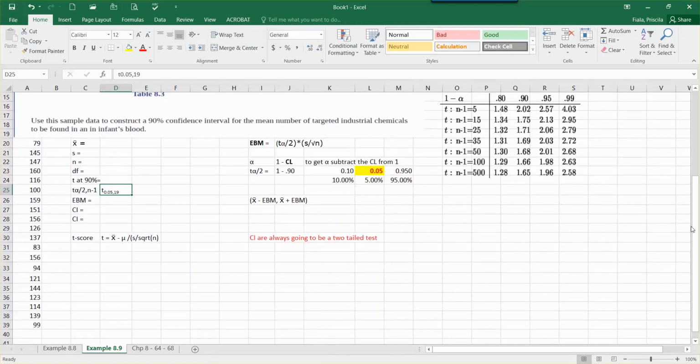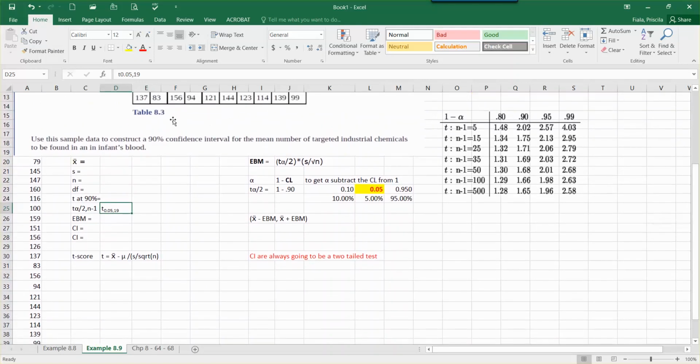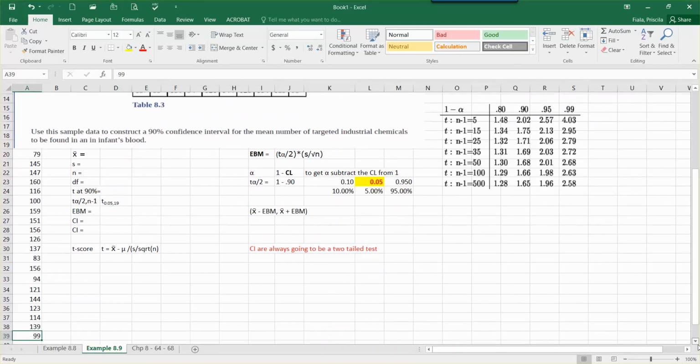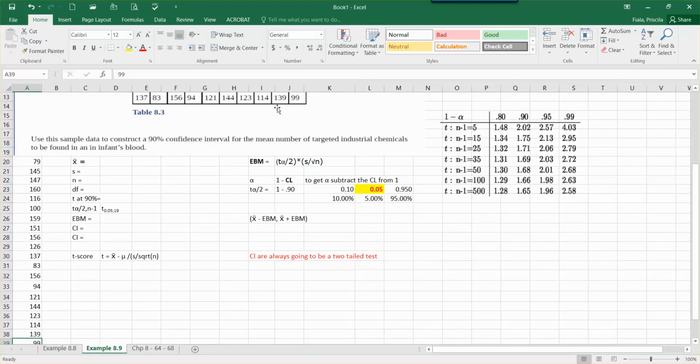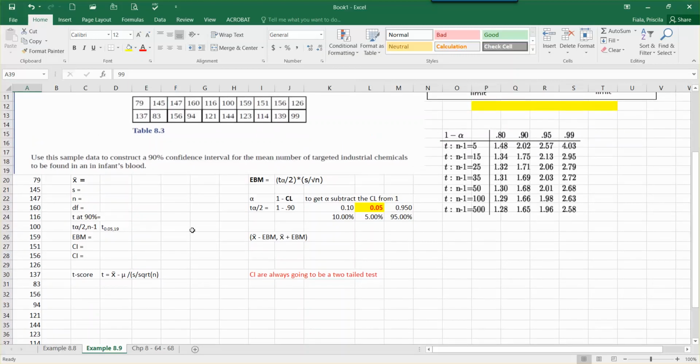I have these values listed on the left, which are just the values from this table. See how it finished in 99, and then you have 139, and then 114, and then 123, 144. I listed all the values here because I'm going to have to calculate my mean and my standard deviation. We know the sample size is 20.